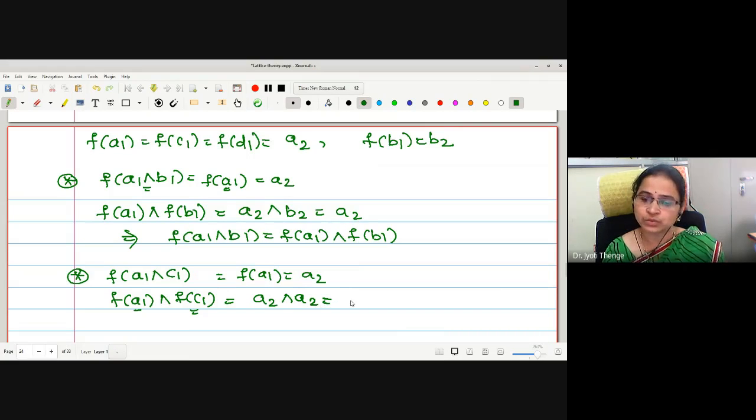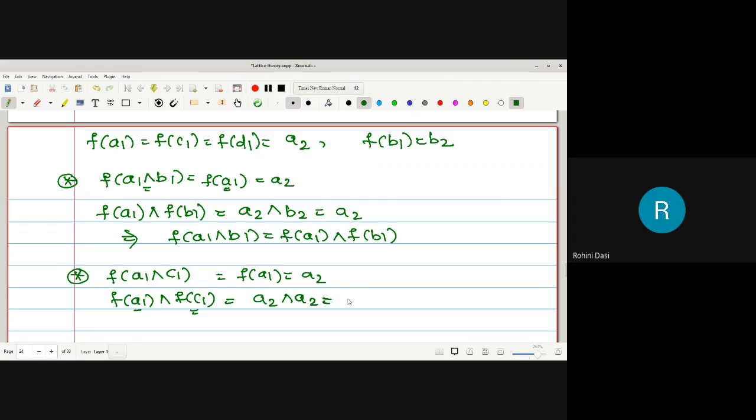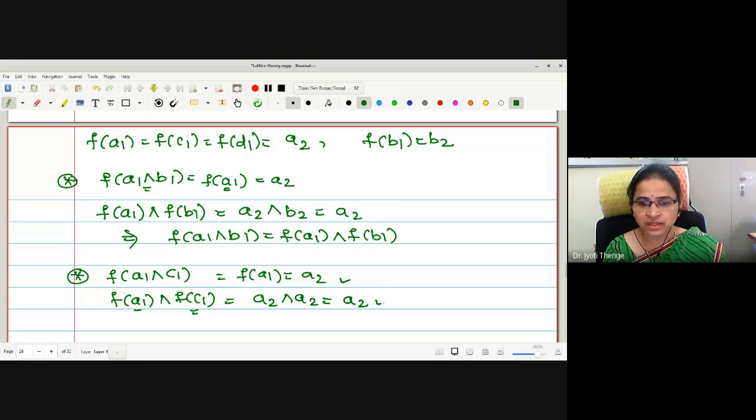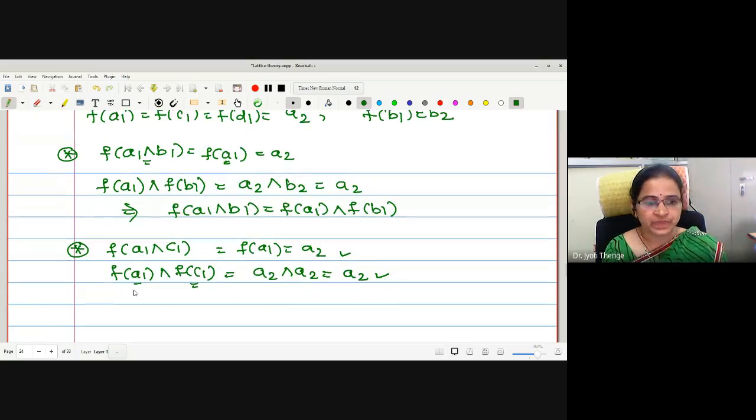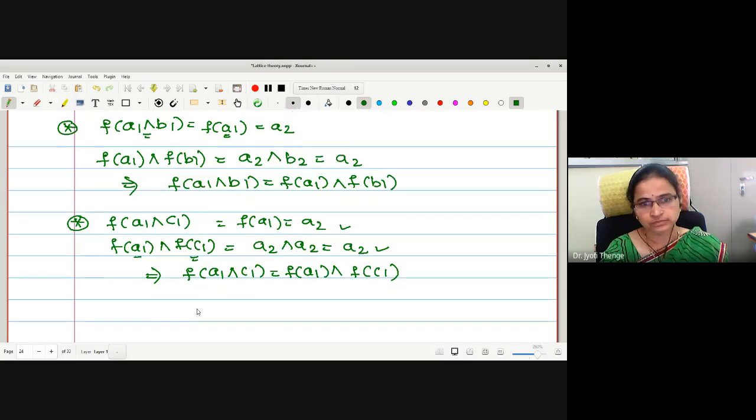And A2 meet A2 is always A2. Therefore these two are equal, and f of A1 meet C1 is equal to f of A1 meet f of C1. For this pair also, meet homomorphism holds.